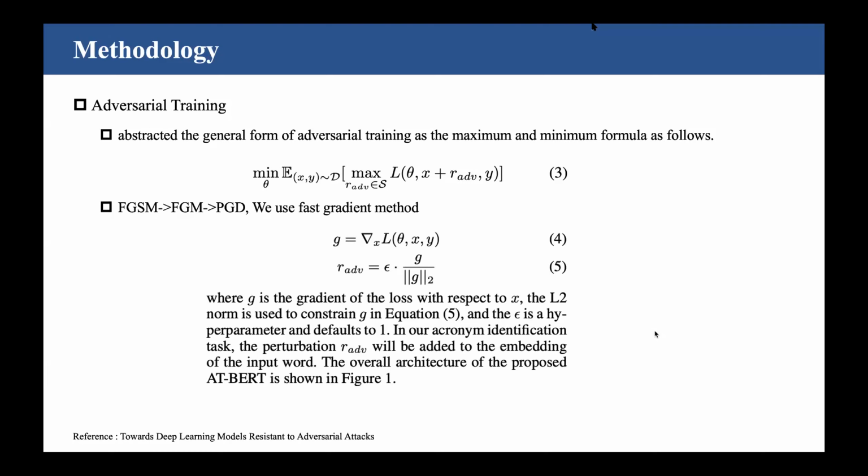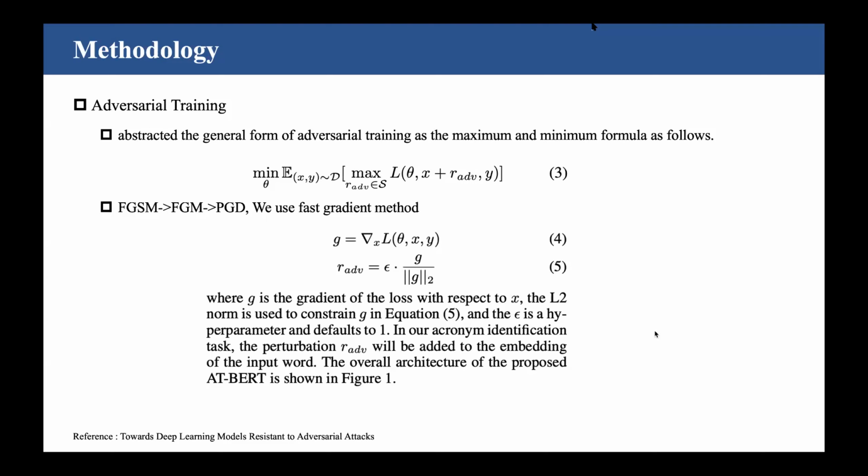It happens to be the direction in which the gradient of the loss function rises. Specifically, the adversarial perturbation is defined as follows, where g is the gradient of the loss with respect to x. The L2 norm is used to constrain g in equation 3, and epsilon is a hyperparameter that defaults to 1.